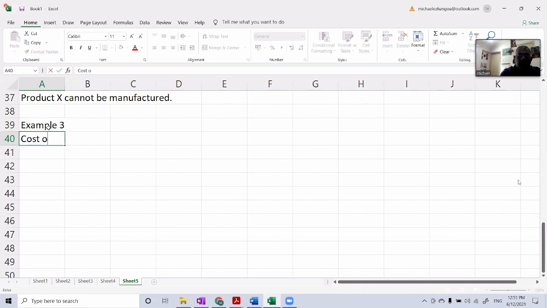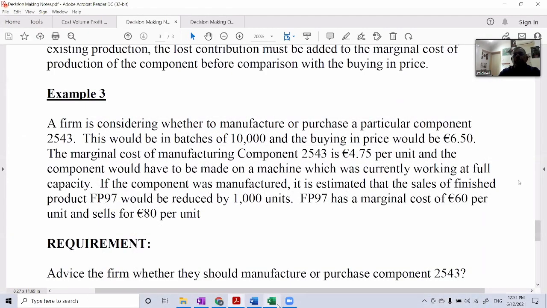Cost of buying component 2543. That's a code. Now, how many components do you need? 10,000. Buying-in price will be 650.